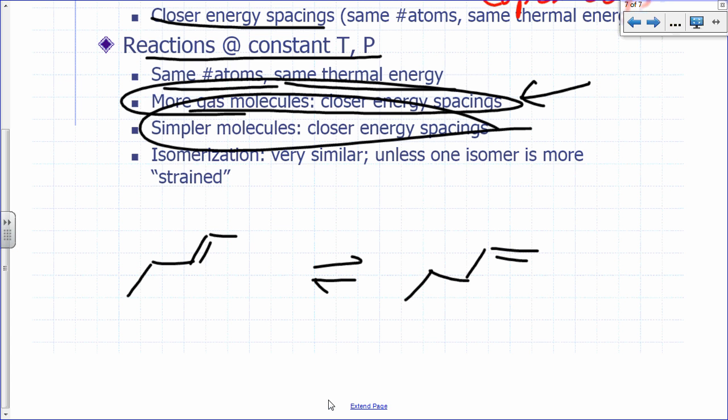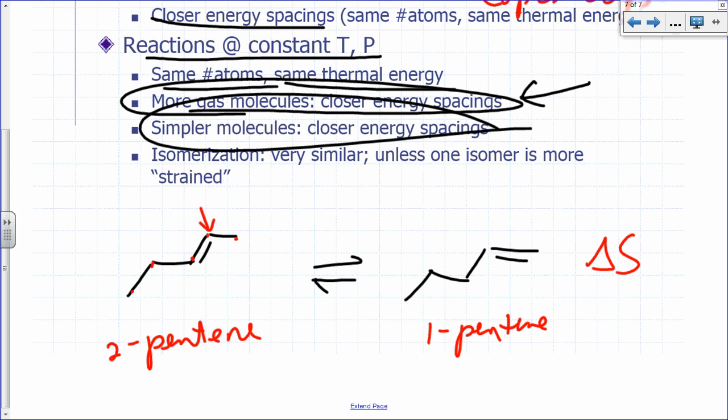How many carbons? 1, 2, 3, 4, 5. So that's a pentene. And where is the double bond? At carbon number 2. So this is 2-pentene. What is this one? This is 1-pentene. What do you think the delta S for this is going to be? It's going to be very close to 0.